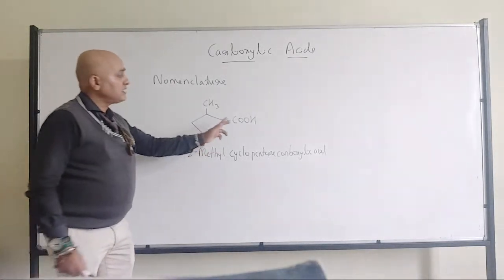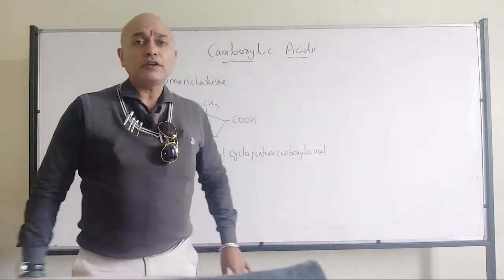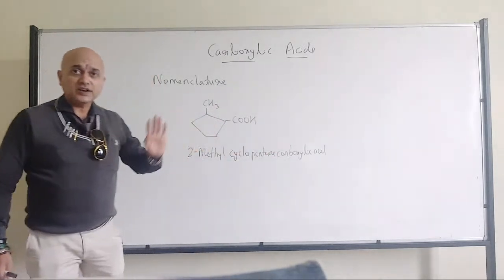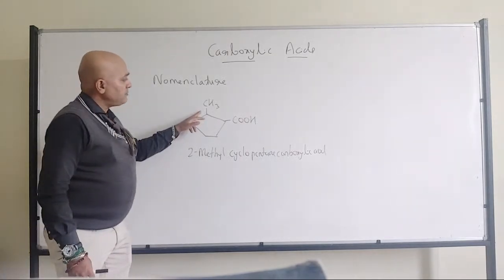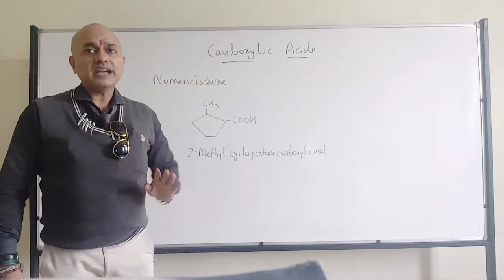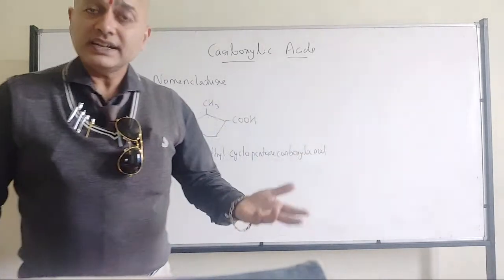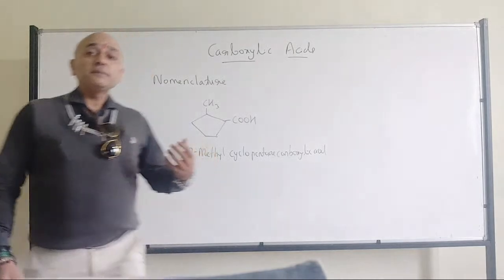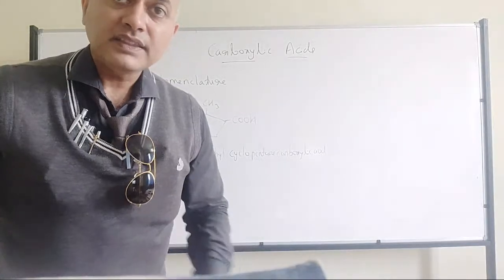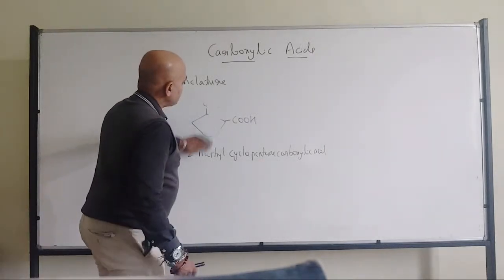It's understood that the carboxyl group is outside, because within the cyclopentane ring a carboxyl group cannot be there. That's correct only. But it will be more appropriate, that's all I mean to tell. Just like benzaldehyde, it's correct, but we used to call it benzene carbaldehyde to be more appropriate. Fine? Okay.